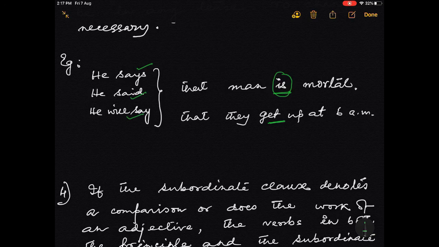The verbs in the subordinate clauses may stay in any tense as per necessity. Understand? Read, think, and think of the summary and put it in your head.